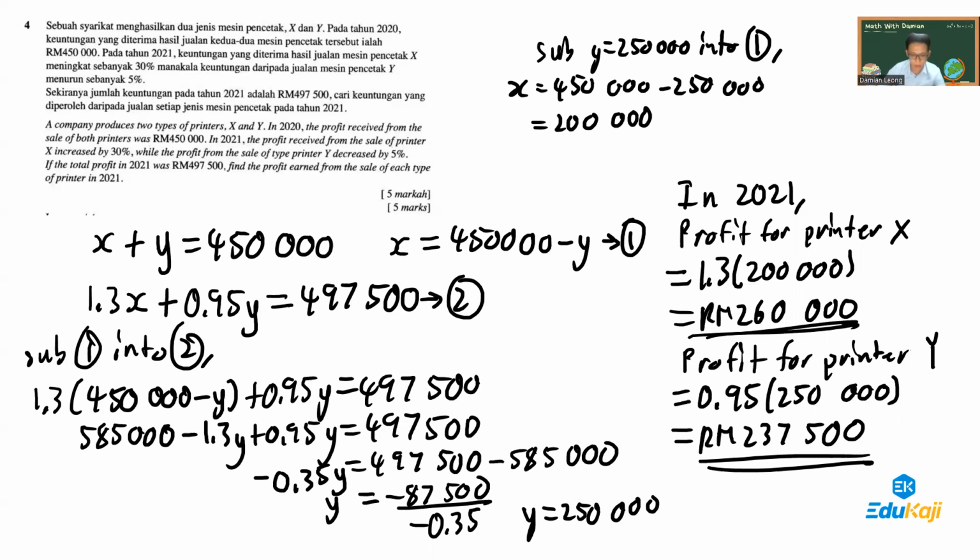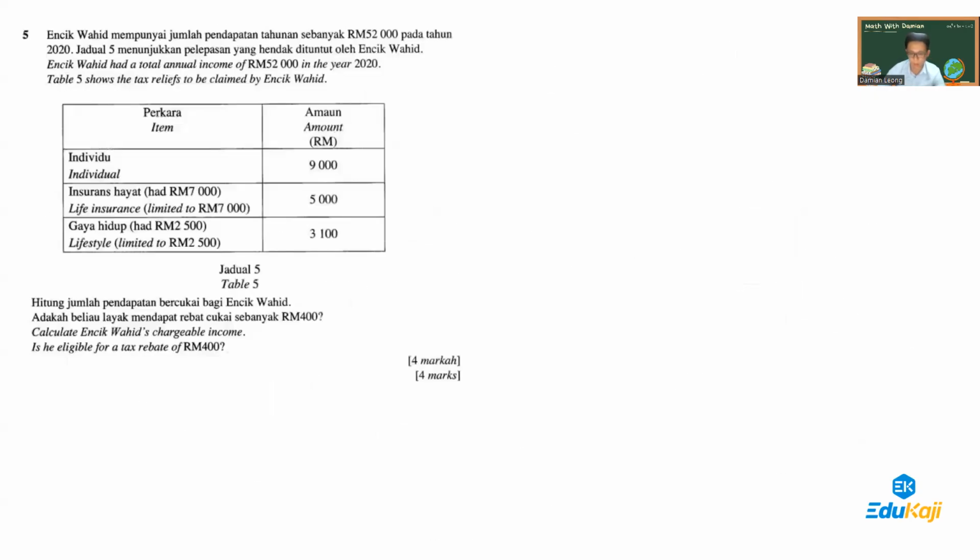All right. So question 5. Table 5 shows the tax reliefs to be claimed by Encik Wahid.